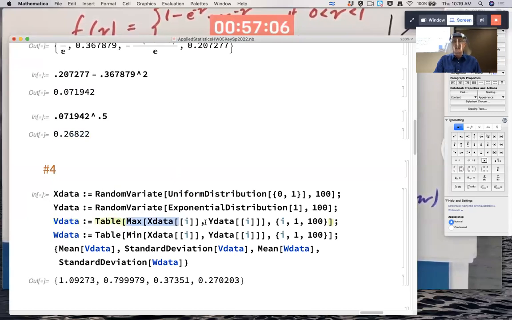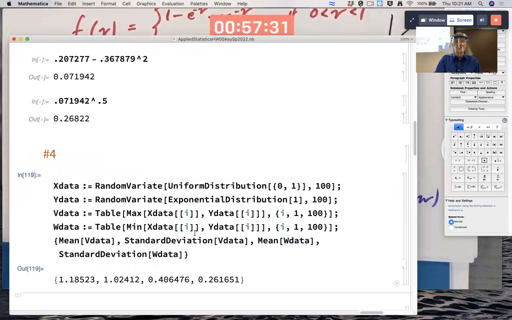Table generates lists. I'm taking the maximum values of corresponding X data and Y data values as I, the iterator for the location of the X and Y data, goes from 1 to 100, and generating then a list of V data, maximum data, doing something similar with minimum. And then I do mean, standard deviation for both of those.